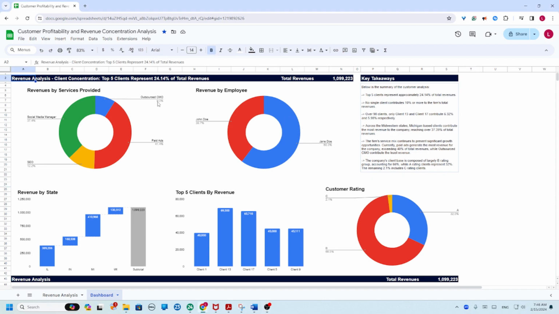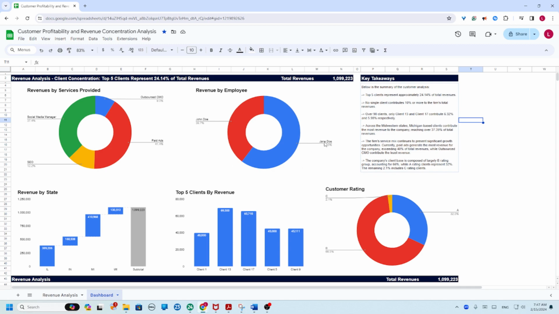They know that their top 5 clients contribute 24% to their revenue, meaning it's not risky yet. But also we know from the summary we have here, none of the clients contribute over 7% of the firm's revenue, which is great. Only 2 clients contribute between 5 to 6% of the revenue, right? So less customer concentration risk here, right?